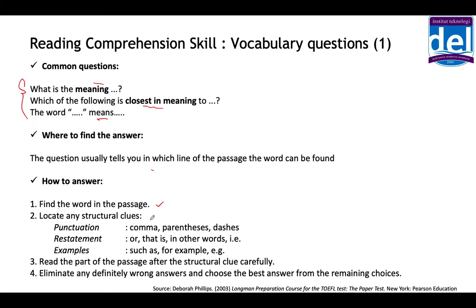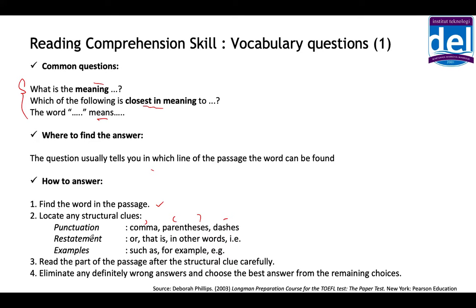To determine the meaning of the difficult word that is being asked, we can use the structural clues in the text. First, we can look at the punctuation that is used in the text. Punctuation includes commas, parentheses, or dashes.